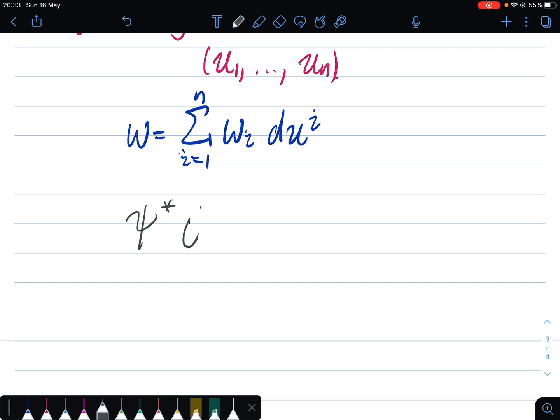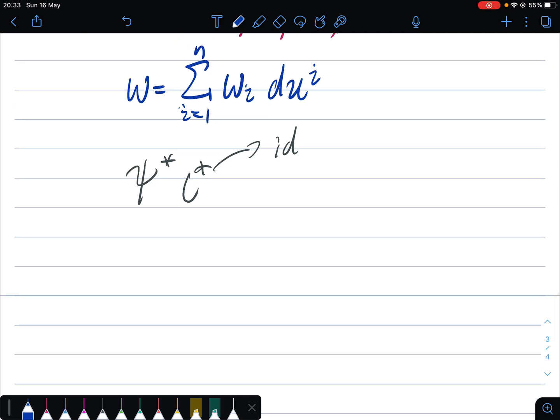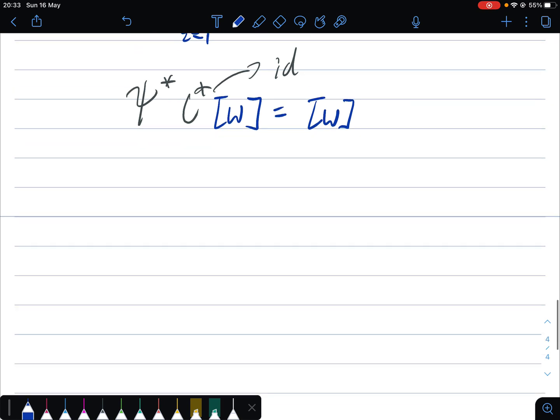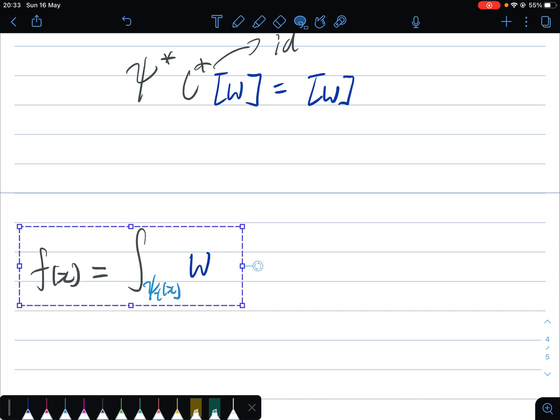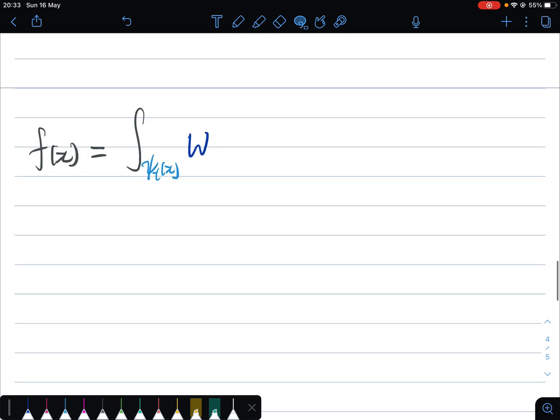The psi star and the inclusion are just an identity, such that when we apply them to a differential form under an equivalence class, it is just itself. After expressing it under the local parameterization, it will change to an integral from 0 to 1 as t belongs to 0 to 1, and then we break everything down in local coordinates.